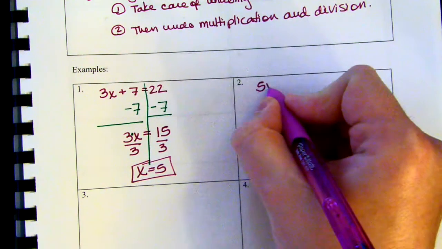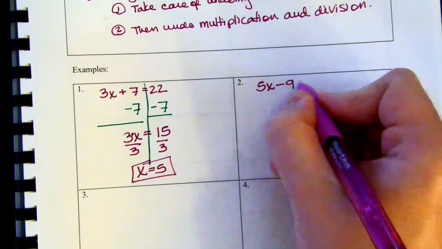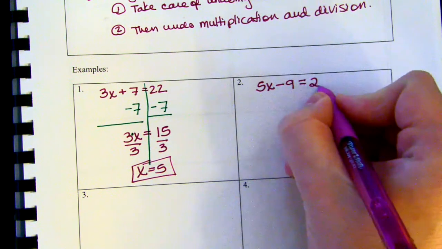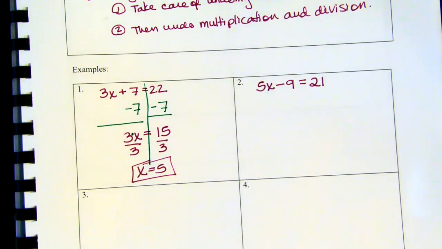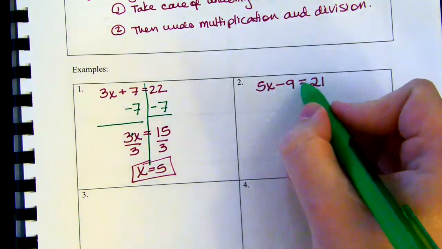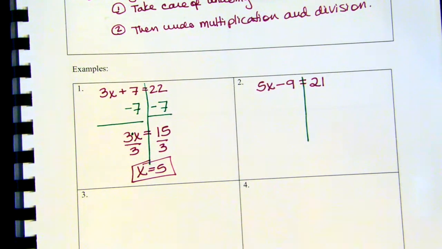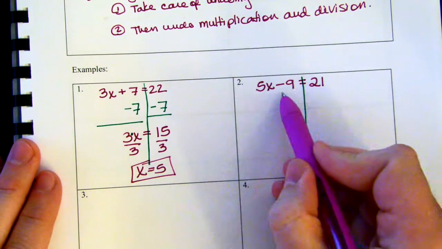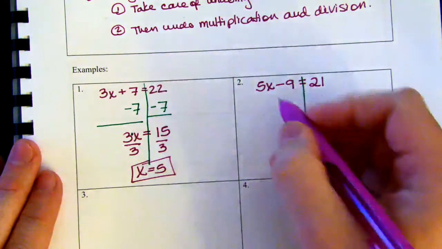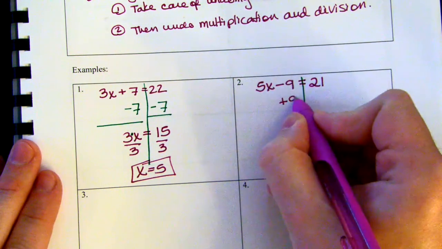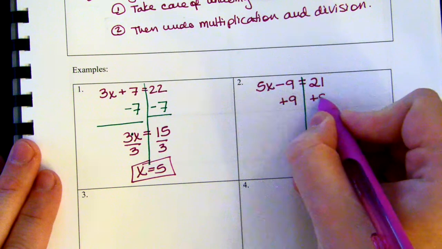Let's try this one. 5x minus 9 equals 21. What are we going to need to do first? I need to first get rid of that subtraction problem, so I'm going to do that by adding 9 to both sides. Plus 9, plus 9.